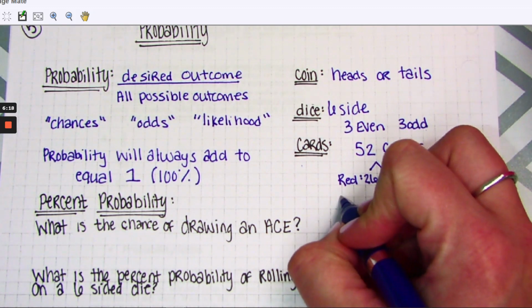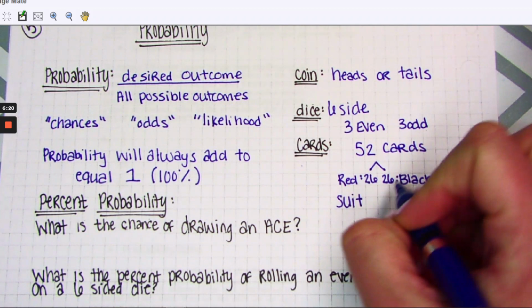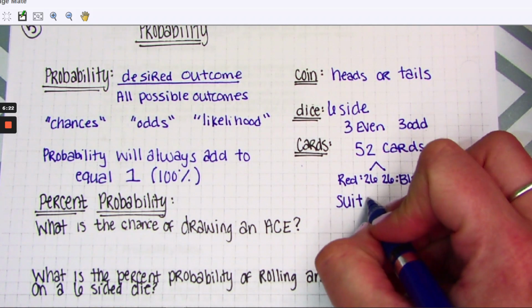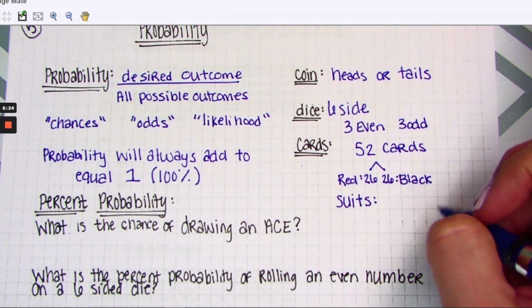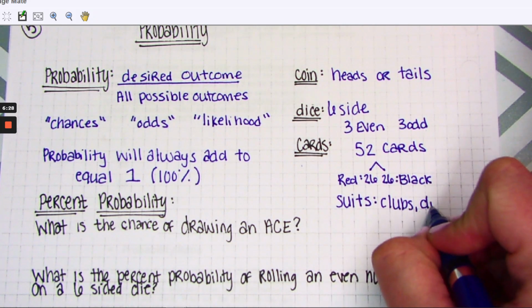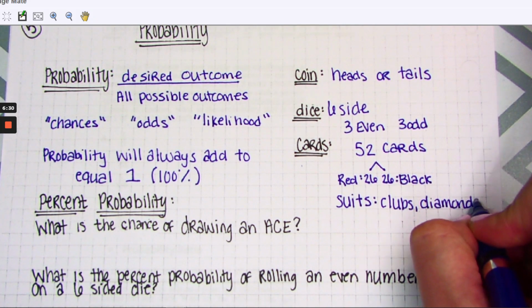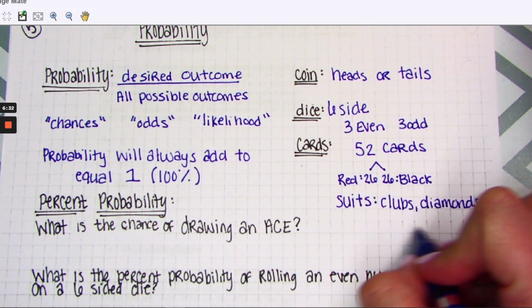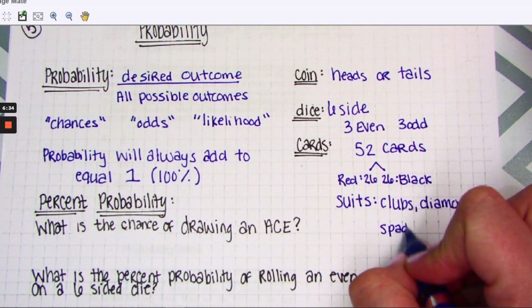So the suits, they have clubs, diamonds, hearts, and spades. So we'll do spades here and hearts here.